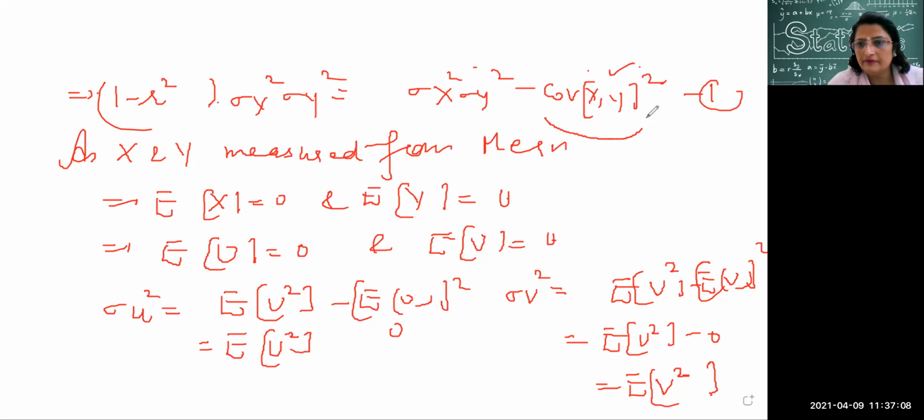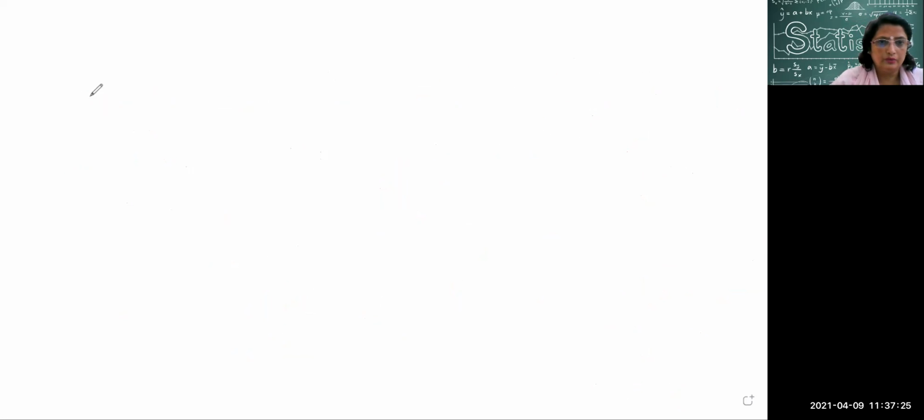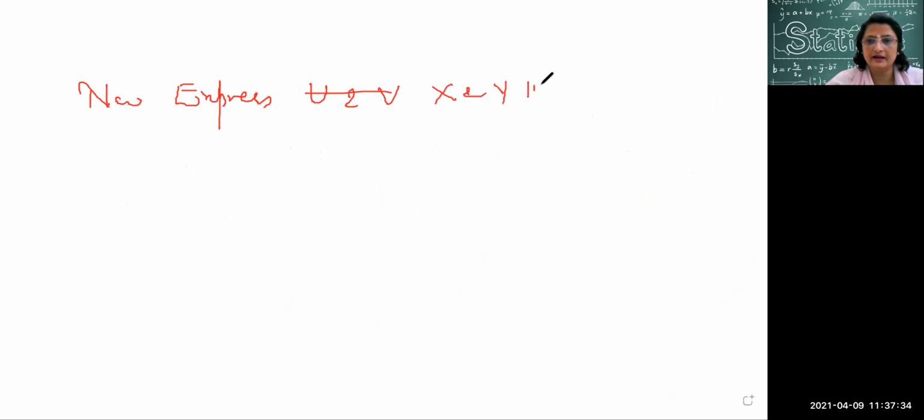But you have to find the value of covariance between x and y, and we have been given the expression in terms of u and v. It means we will express x and y in terms of u and v.